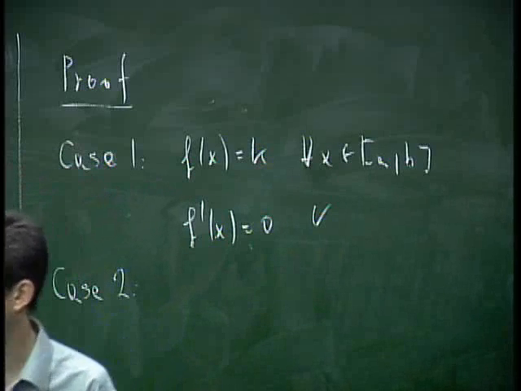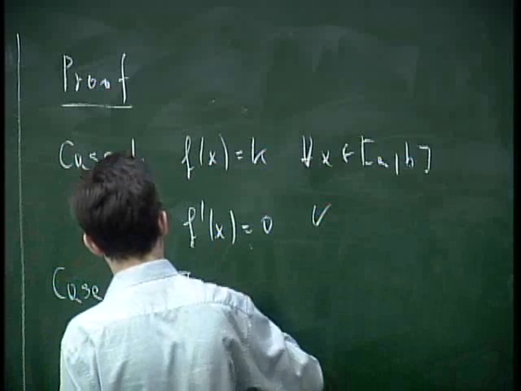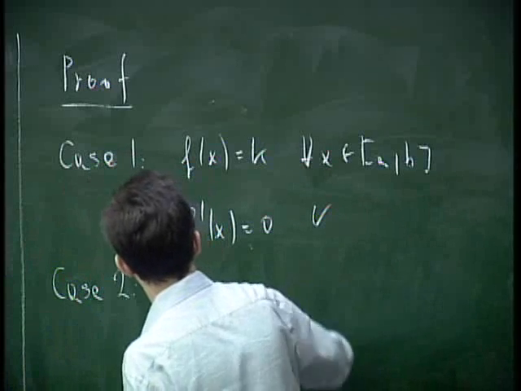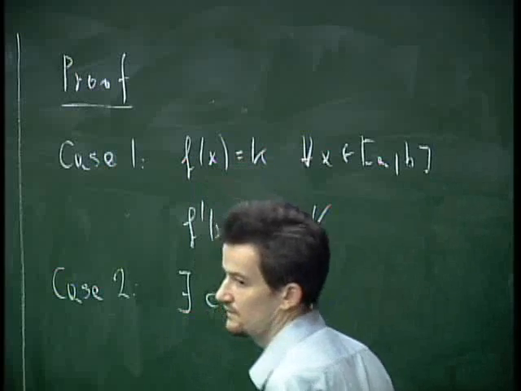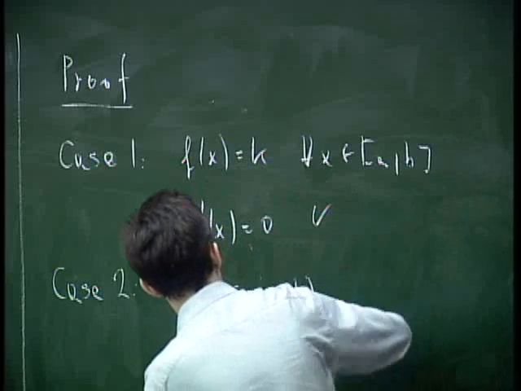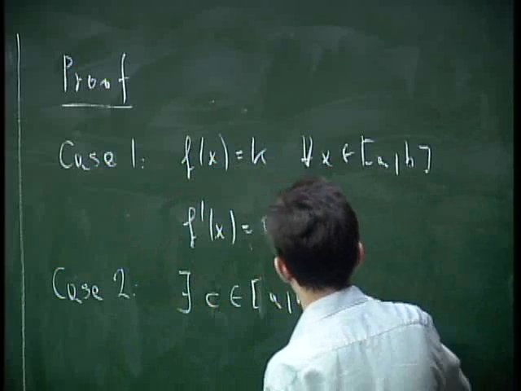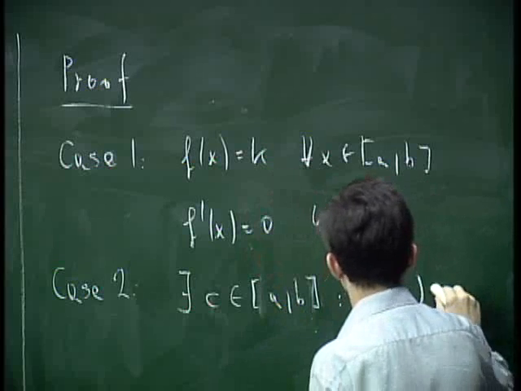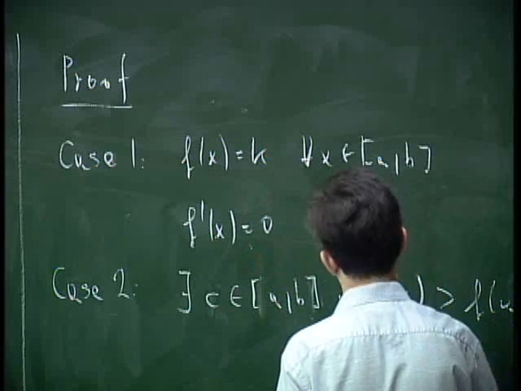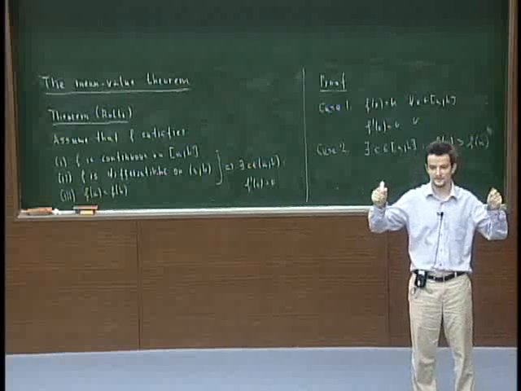So this, for instance, means there exists an x, or call it, let's say, a C, in the interval AB with f of C larger than f of A. Because the value at A and B of the function is the same.